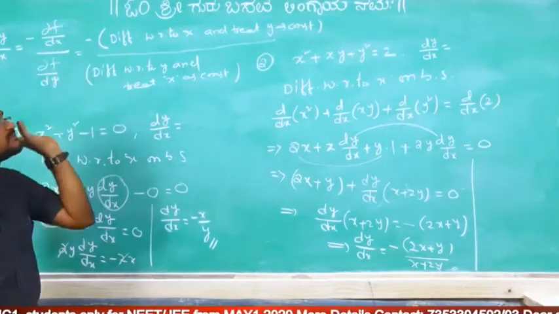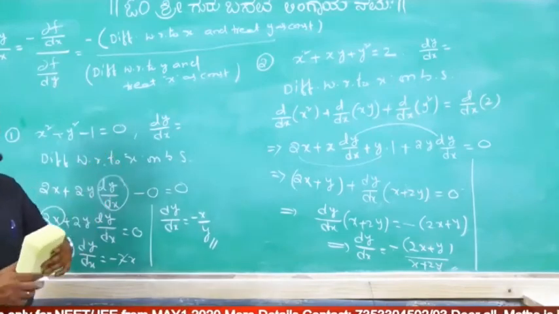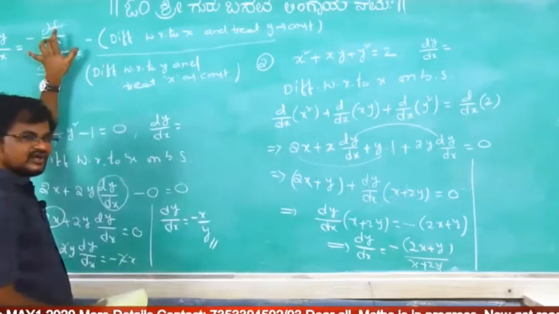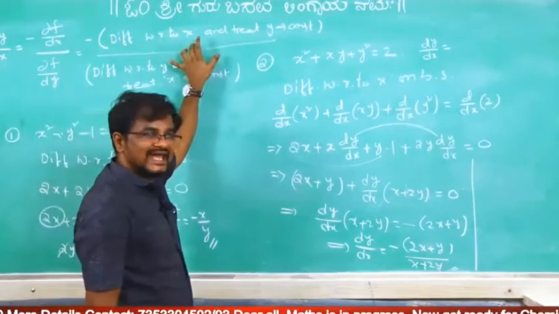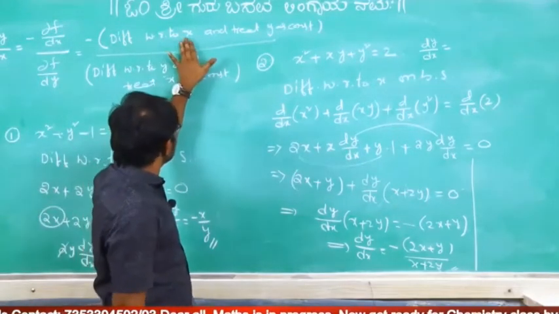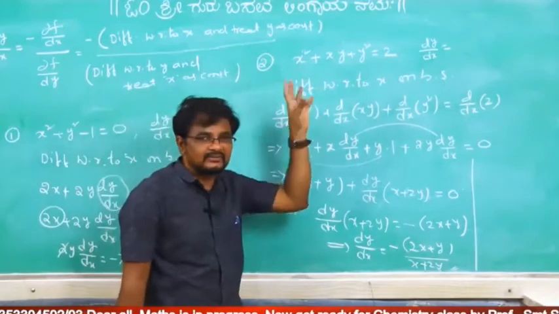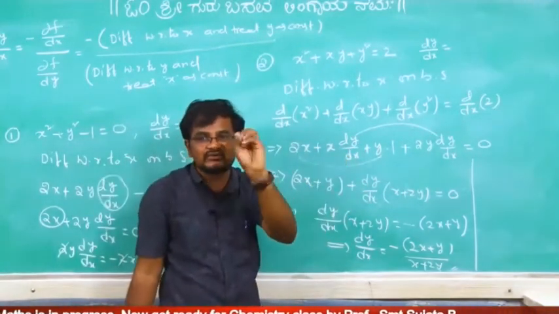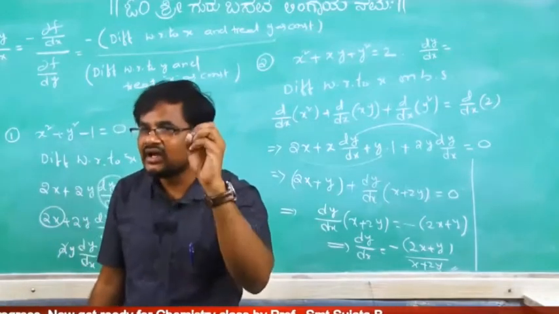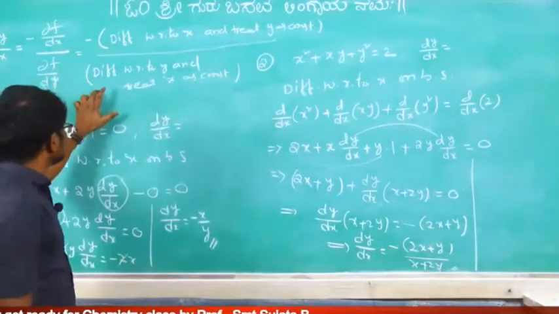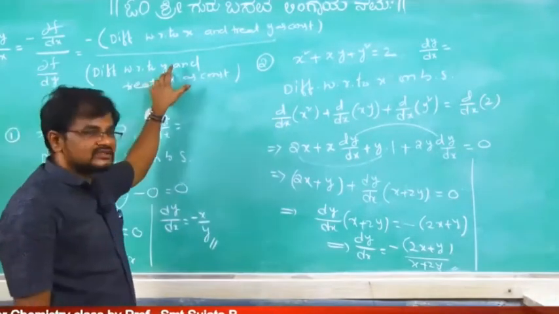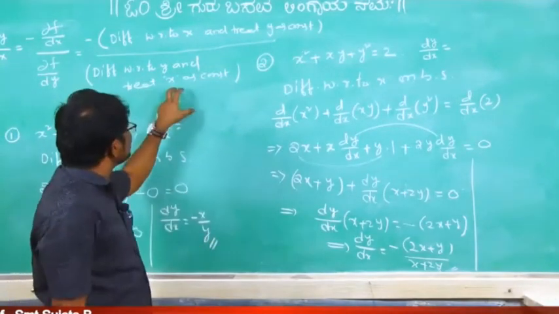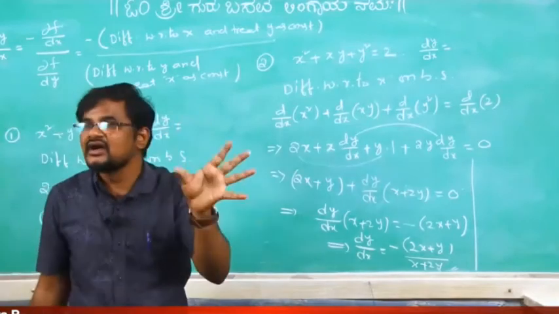Dou f by dou x means differentiation of the given function with respect to x. Whenever you are doing the differentiation with respect to x, consider y as constant. Where y is there, we have to take it as constant. And similarly, if you do the differentiation with respect to y, where x is there, we have to take that x as constant.